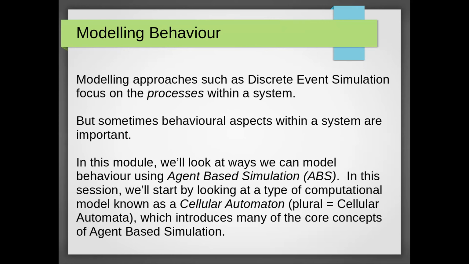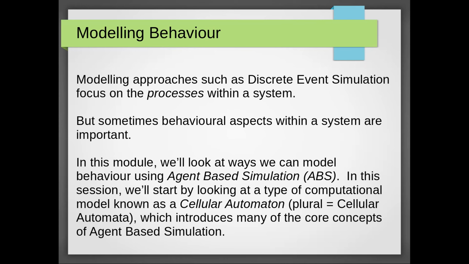Most of the systems we model in discrete event simulations will have a behavioral aspect to them, but where that behavior is important, or maybe even the focus of what we're trying to capture and intervene with, then methods such as agent-based simulation and cellular automata can be really useful. In this module, we're going to look at ways in which we can capture model behavior, predominantly using agent-based simulation, but this is an intro to that, using cellular automata.